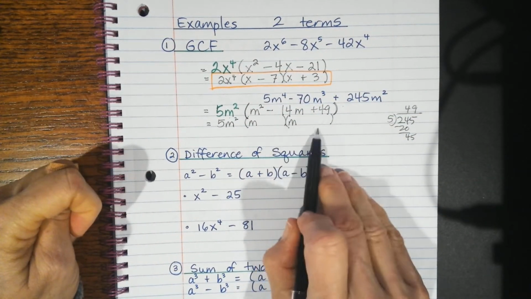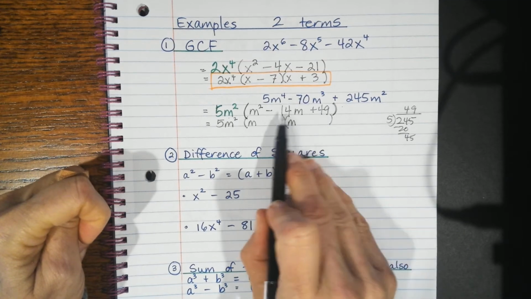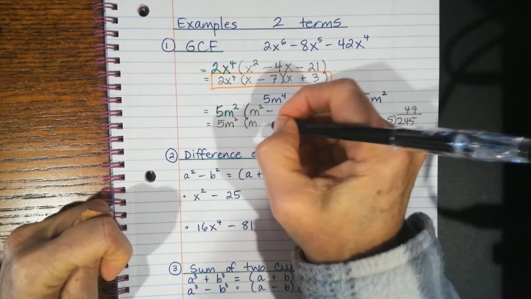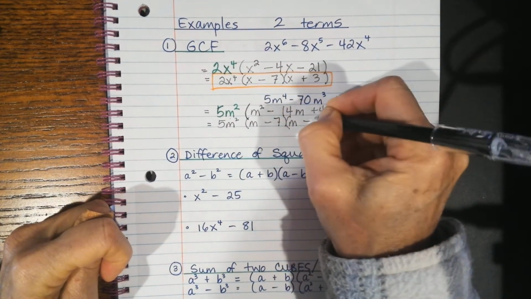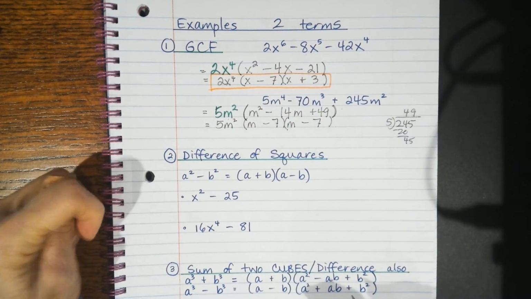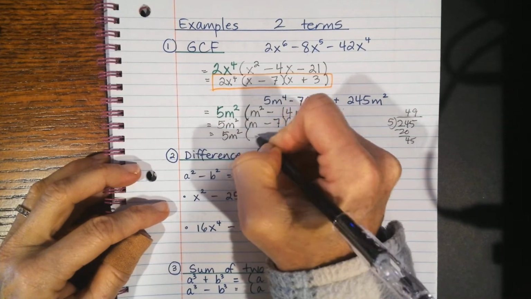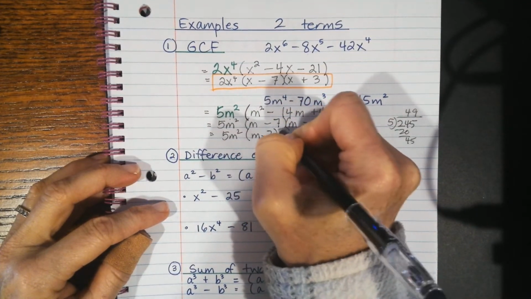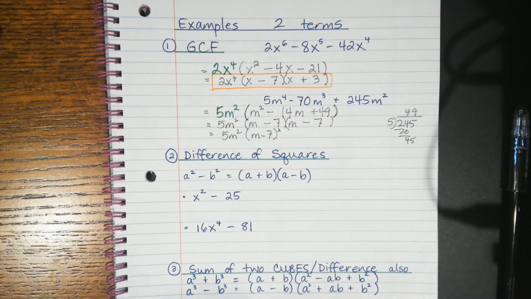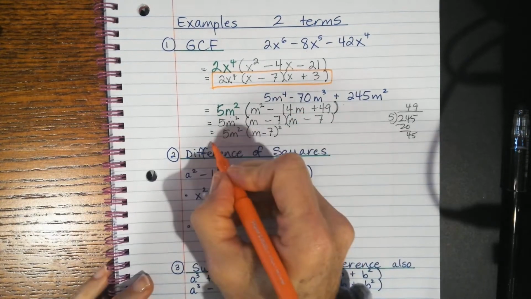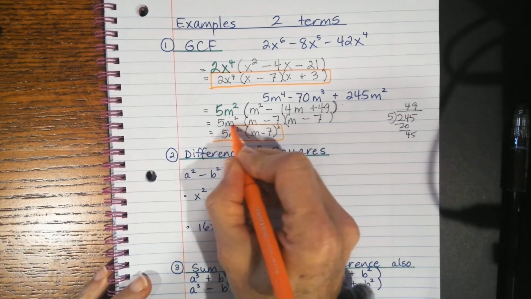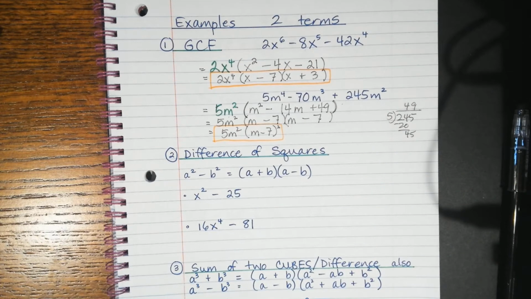These numbers here have to multiply to give me positive 49, but combine to give me negative 14, and that's going to be negative 7 each. If you want to, you can even go the next step further and write this as a square, because it's the same thing times itself. So there you go. That is a GCF.